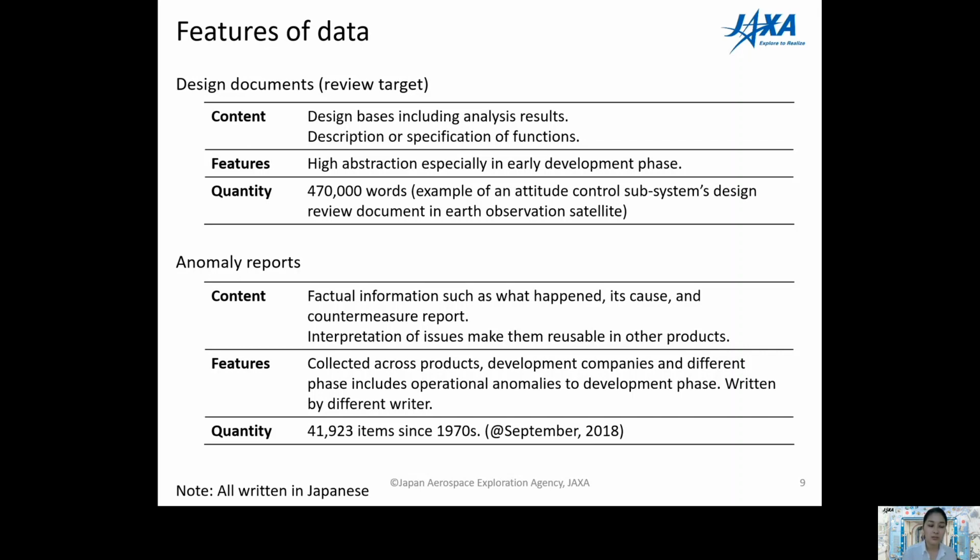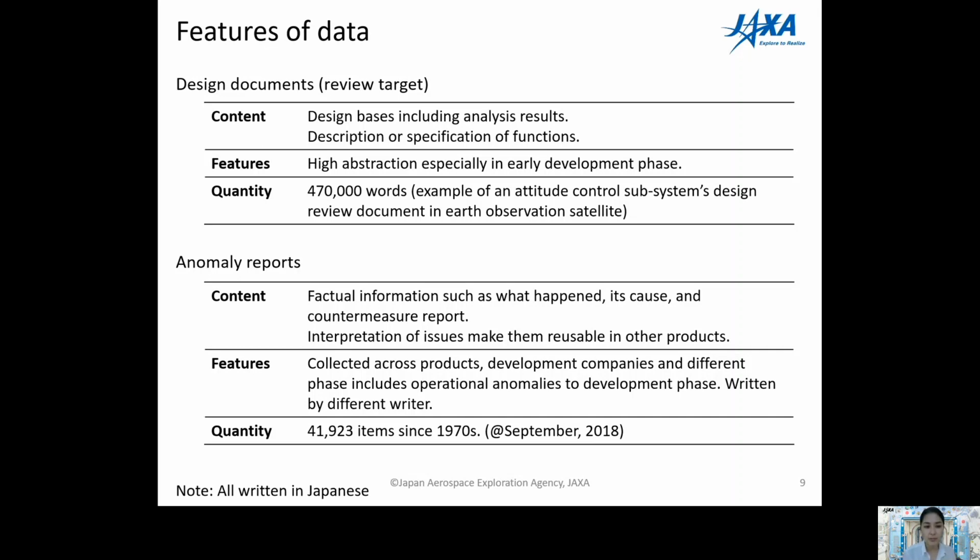Also, they are collected across products in our organization, like anomalies from the launcher system, Earth or satellite system, and some ground systems as well. Also, the development companies are different, and the writers of the anomaly reports are different.